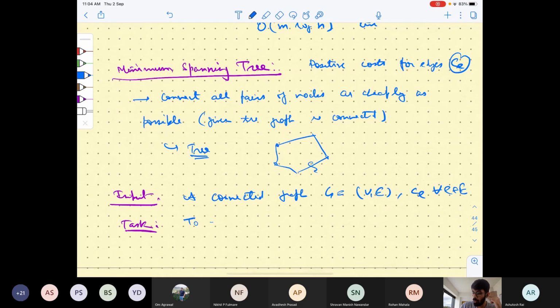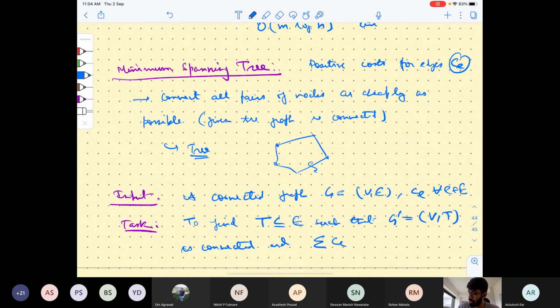To find a subset of edges, which we'll call a tree, T subset of E, such that G prime equal to (V, T) is connected, and for which this quantity, the sum of costs, is minimum.